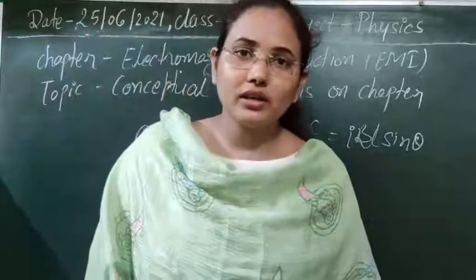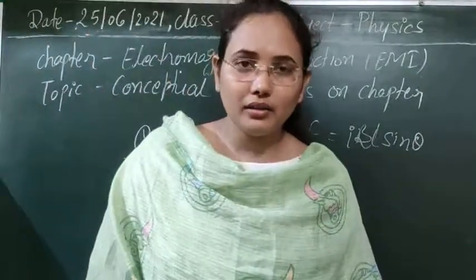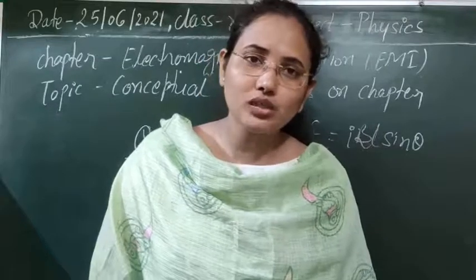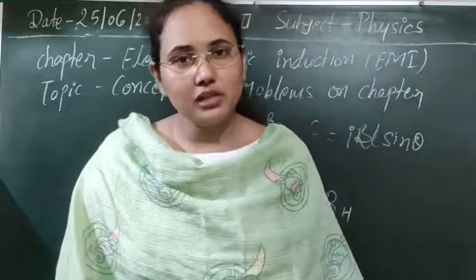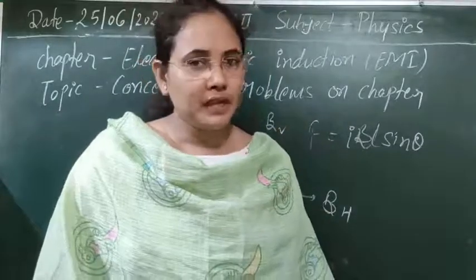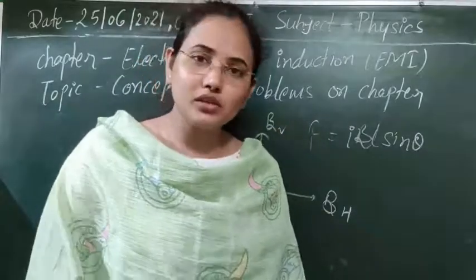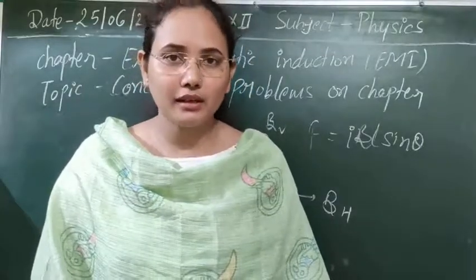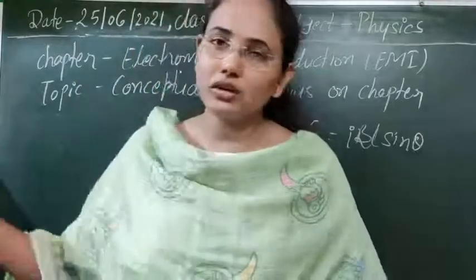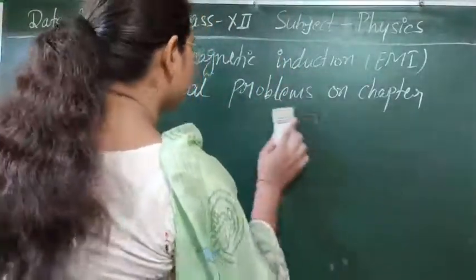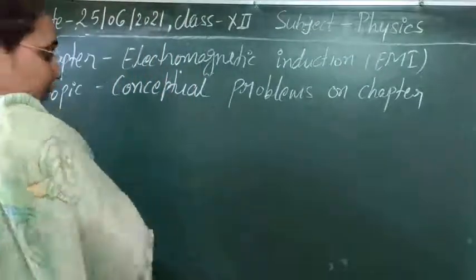Induced current appears only when we have a closed circuit. If there is no closed circuit, then induced EMF will appear, but induced current will not appear. Clear? So magnetic flux change always just produces induced EMF, not induced current.